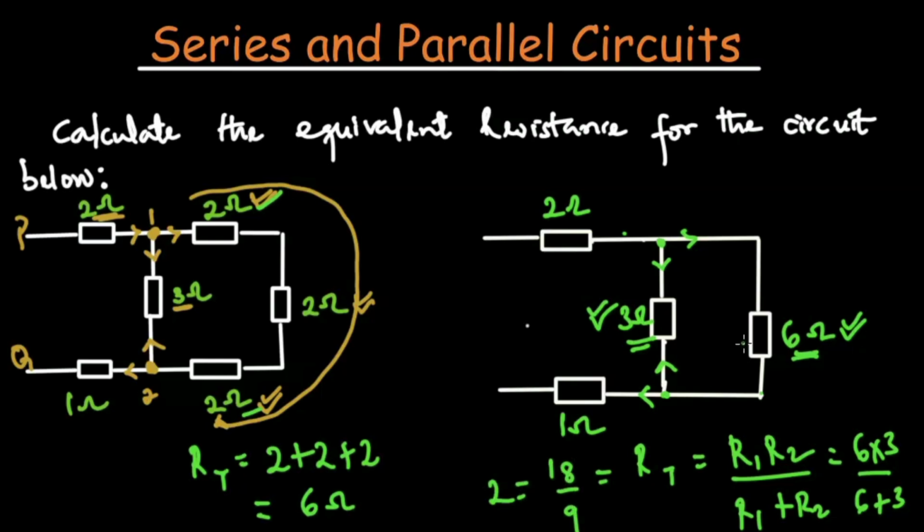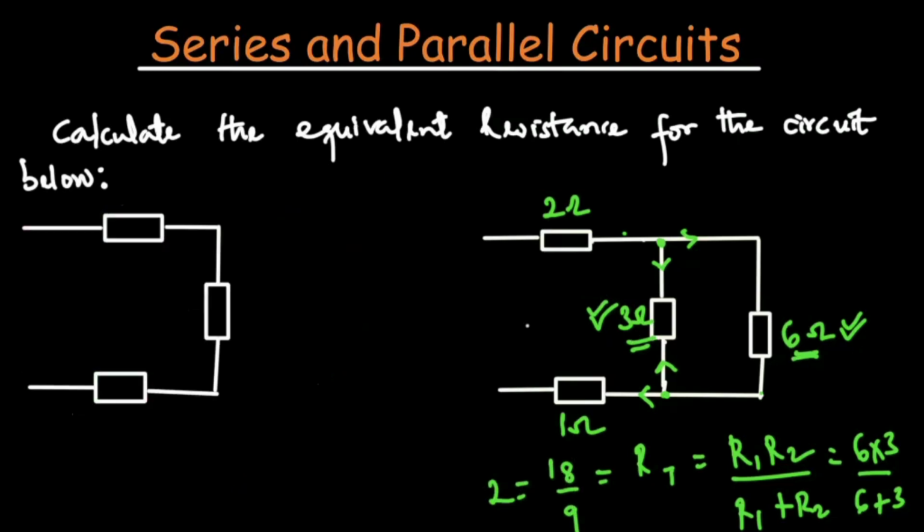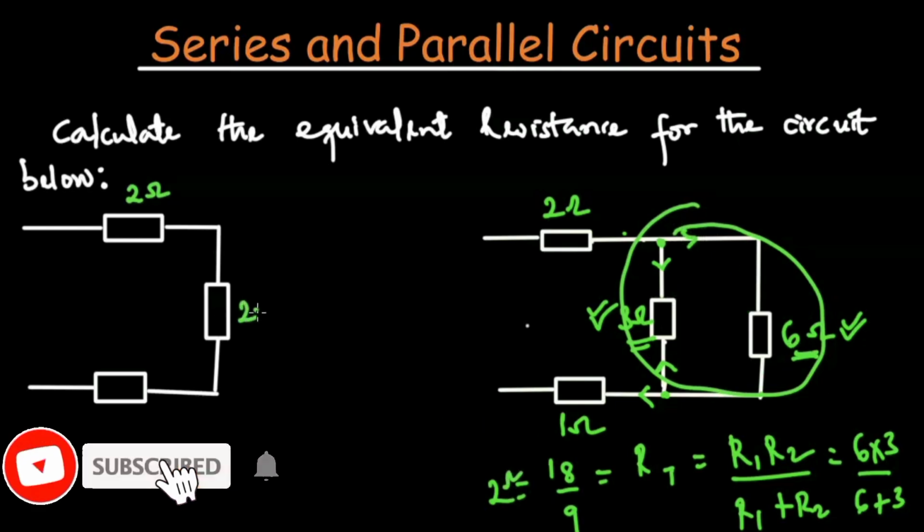Alright, so I'm going to redraw my circuit again, combining these two. So now I have 2 ohms and the equivalent of these two parallel resistors to be 2 ohms as well, and here I have 1 ohm.